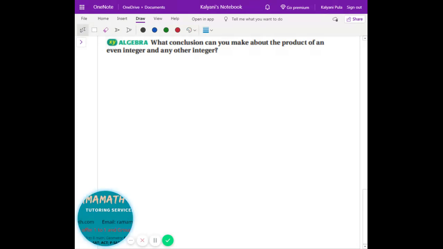All right, let's look at an example here. So let me clear this. Obviously one of them is an even integer. You guys know what an even number is. It could be 2, 4, whatever.